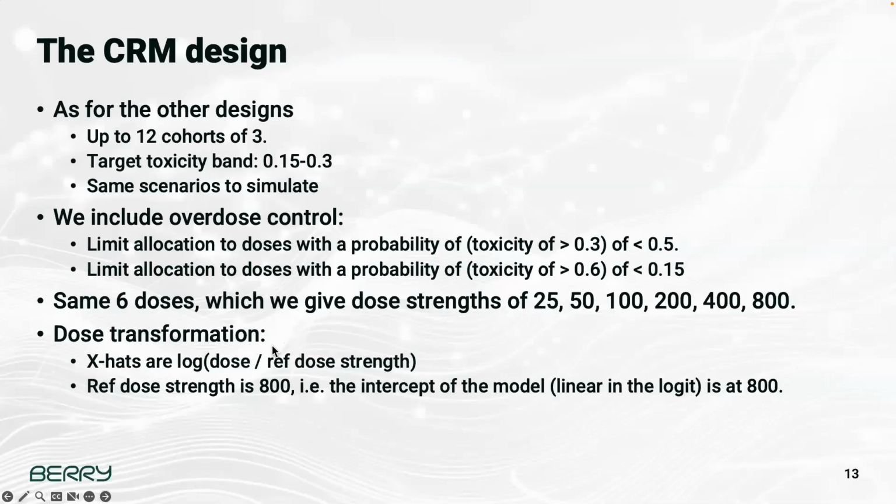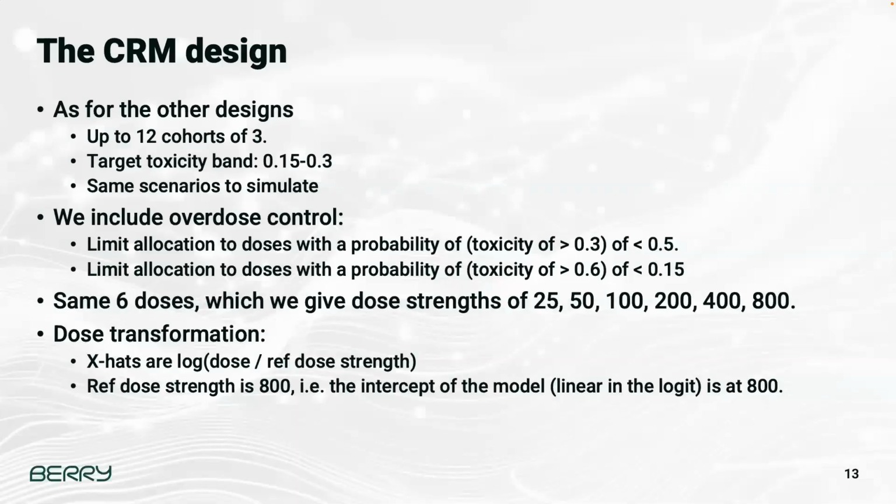And then one of the things the Bayesian logistic regression requires is that we tell it how to map those dose strengths onto actual dose strength value that's being fitted in the Bayesian logistic regression equation. And these transformed doses are, for historical reasons, known as the X-hat values, dating all the way back to the original CRM paper.